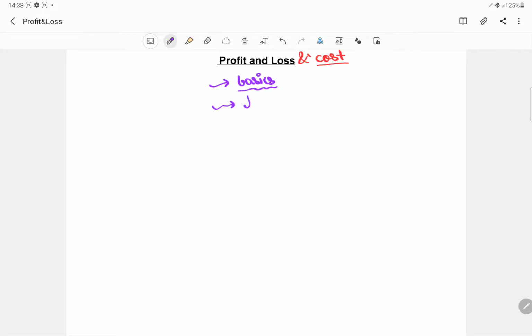Then we will be doing some basic questions, so you will get an idea of what the question types could be. And do not take these questions lightly, because I have seen even these kinds of questions appearing in CAT and XAT. So you can always go through these basic questions, and then we will do some special questions.